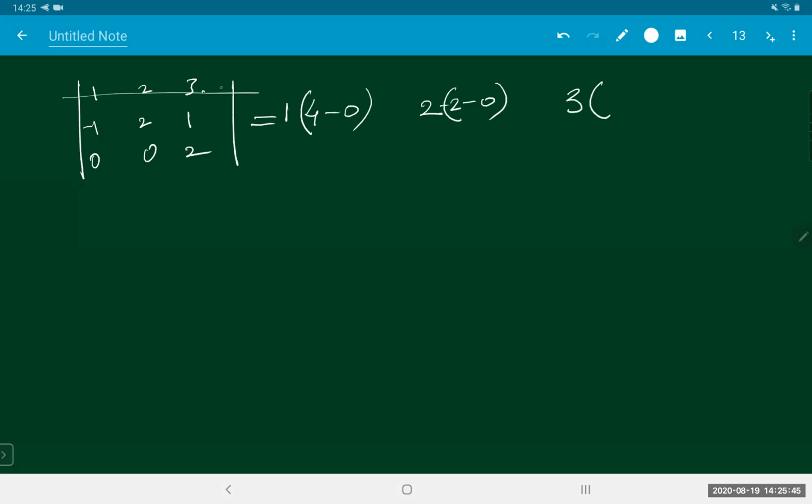So I close this, and I have 0 minus 0. And I make sure I change the signs and all of these. So plus, minus, plus. So this is 4, minus 2 is 4, 0. So this is 8. Okay, I'm a little happy this time. Is this slightly more clear what a determinant is?